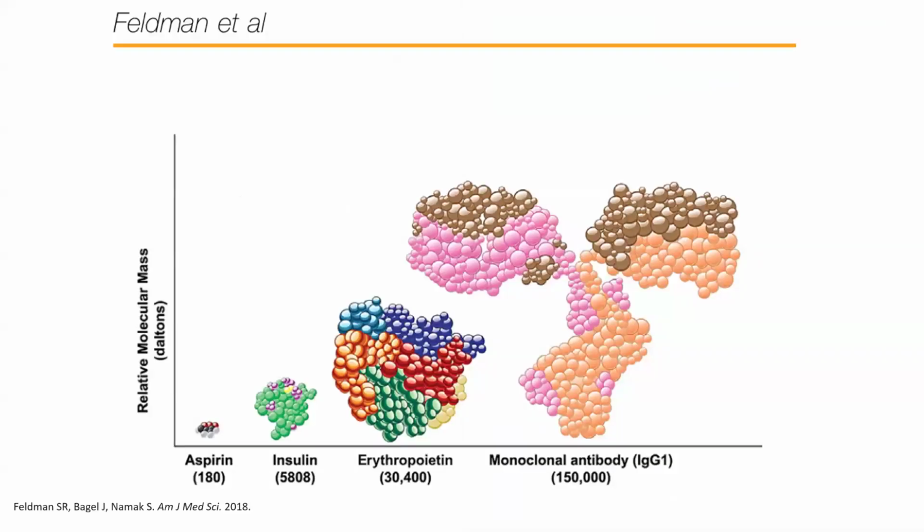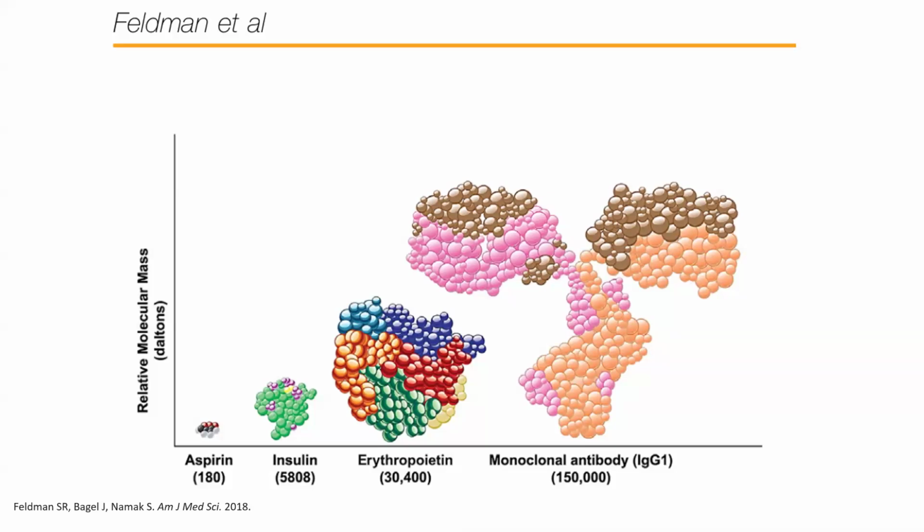Now, with biologics, we have a little bitty aspirin on the left, and then we have typical examples of biologics moving towards the right with insulin, erythropoietin, and monoclonal antibodies as examples. And I feel like monoclonal antibodies come up quite a bit as examples of biologics. And then those numbers are Daltons, which is typically how we measure the size of a molecule.